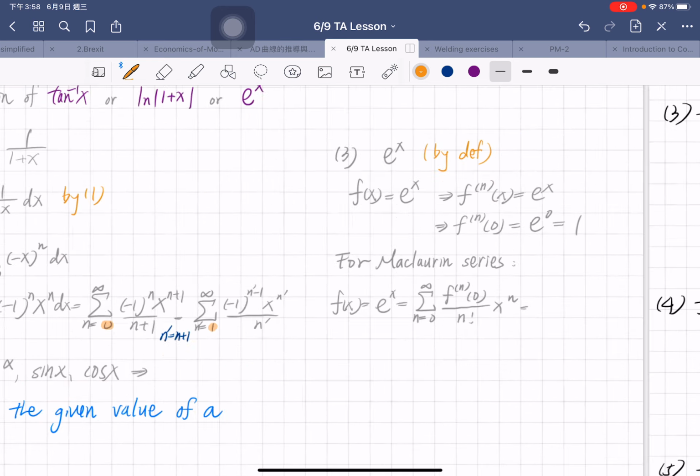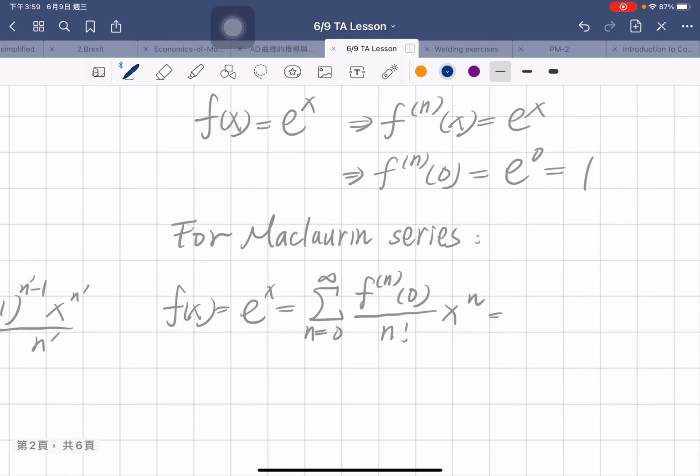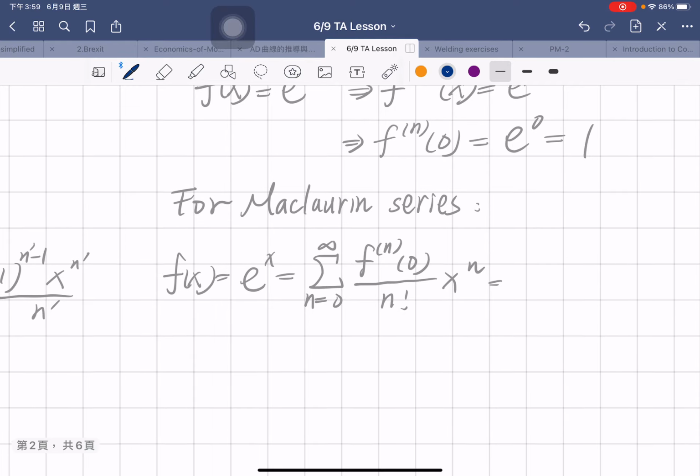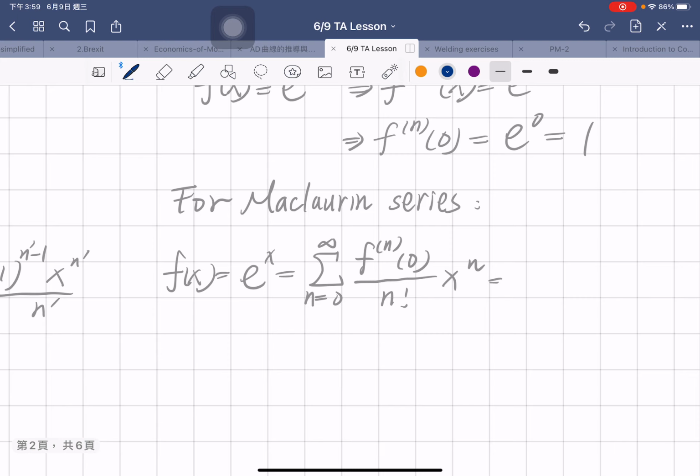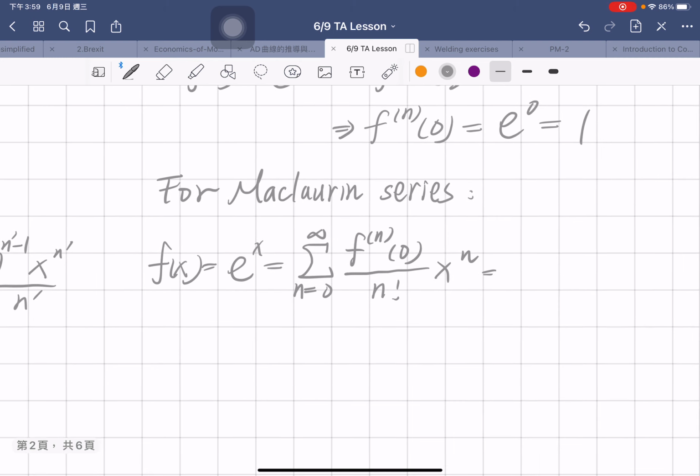And you notice that no matter how many times you differentiate e to the x, it will be e to the x, right? It will be itself, so all the f of n will be equal to e to the x. So for the Maclaurin series, e to the x will equal a summation of n from 0 to infinity of f with n times derivative at 0.